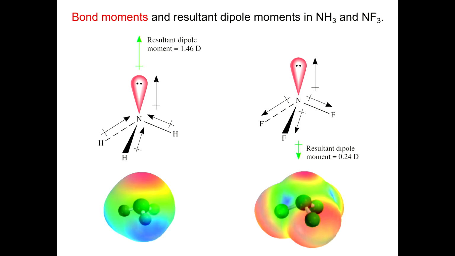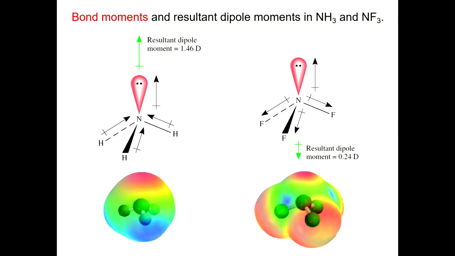In this case, the direction of the bond moment is from nitrogen to fluorine. The directions of these 3 bonds are different from this direction, so this moment will offset some of the moments of these 3 bonds.